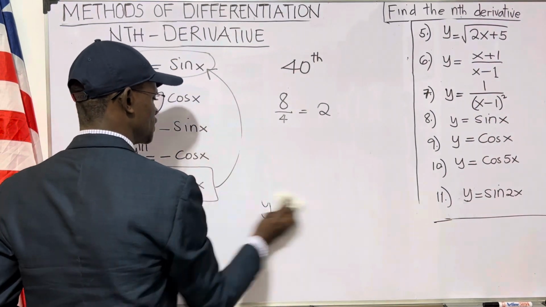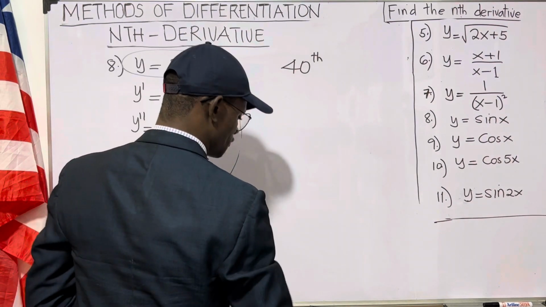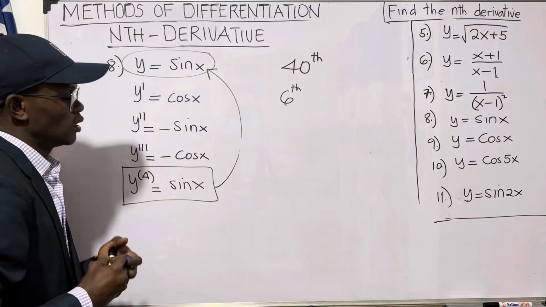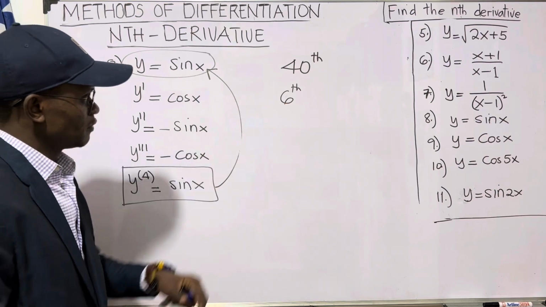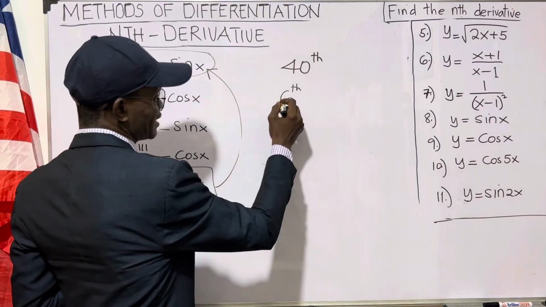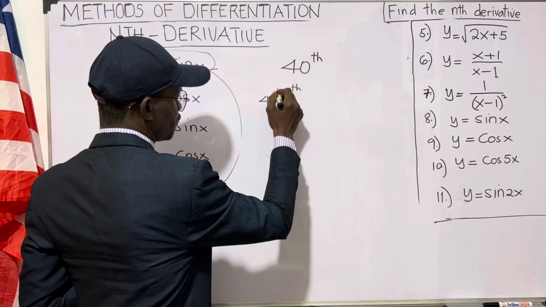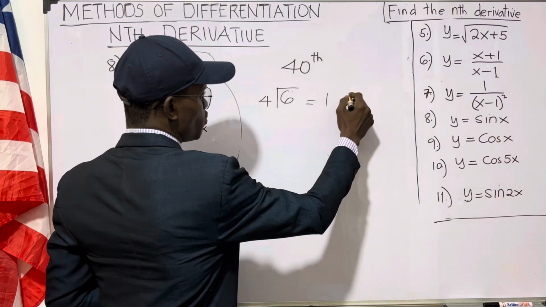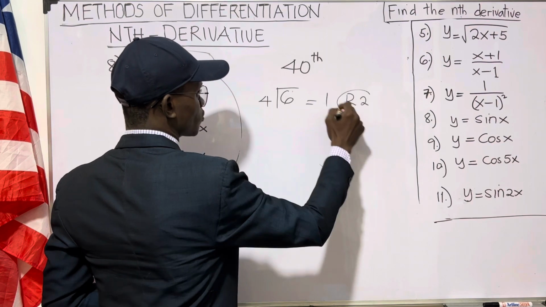No, we want to find, for instance, the 6th derivative. To find the 6th derivative, if we divide 6 by 4, we get 1 with a remainder of 2.